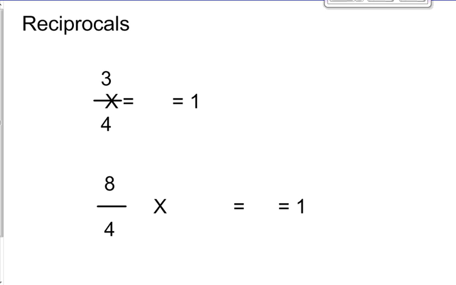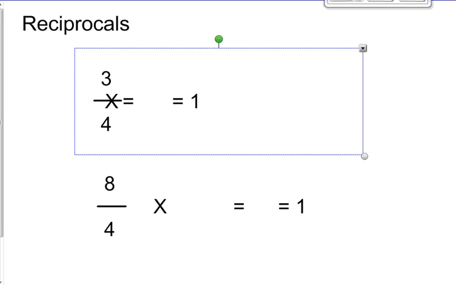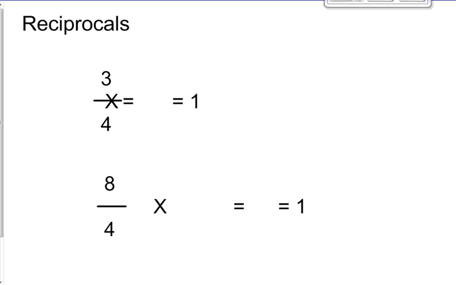The next thing we're looking at is the idea of reciprocals. As we look at the idea of reciprocals, we want to move from one fraction. I'm going to rewrite this because my computer is being funny. We want to know 3/4 times what is going to equal 1.